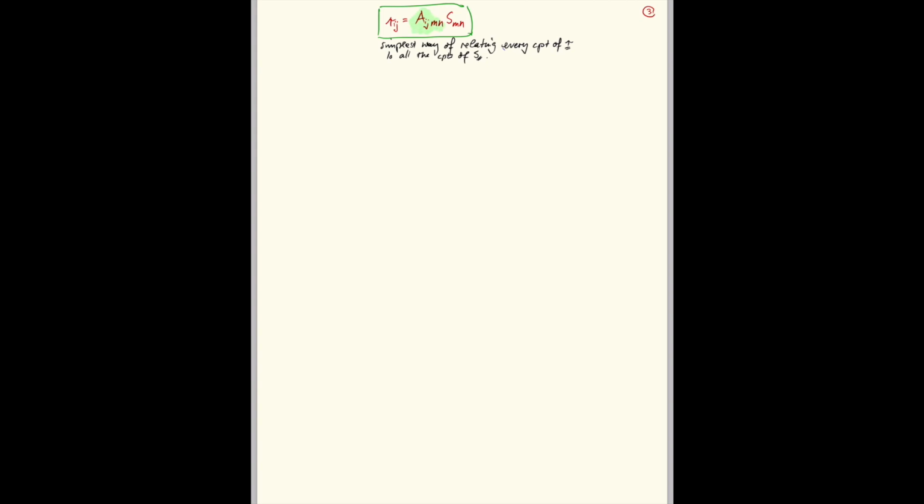Aijmn, this fourth order tensor, in the most general form has 81 components. But we don't need that much generality, because for an isotropic fluid, and that's what we're interested in, the stress-strain relationship is independent of the orientation of the coordinate system.